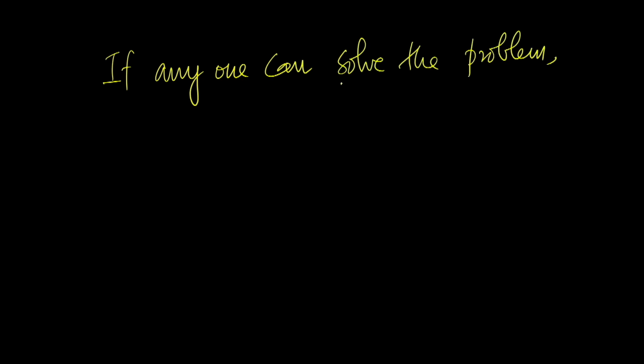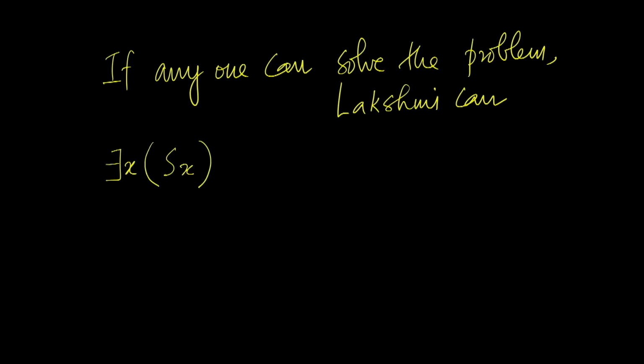Another interesting example: if anyone can solve the problem, Lakshmi can. Let us say S(x) denotes the predicate x can solve the problem. So if anyone can solve the problem translates into this quantified statement, there exists x so that x can solve the problem.